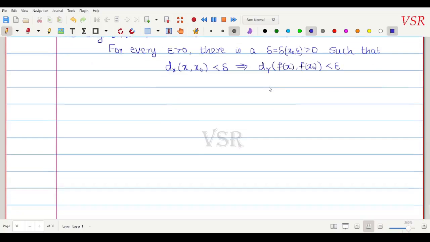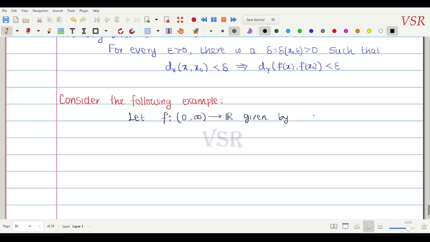Let us consider the following example. Let f be a function from the open interval 0 comma infinity to R given by f of x equals 1 divided by x for all x in the open interval 0 comma infinity.